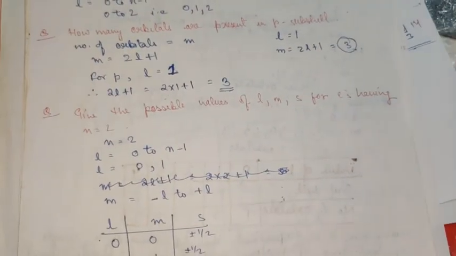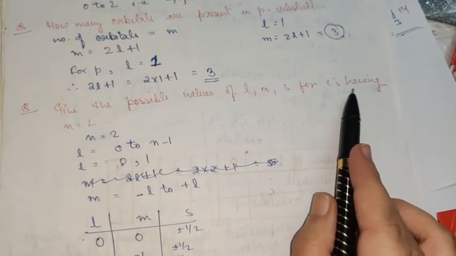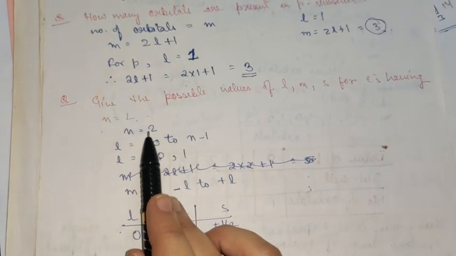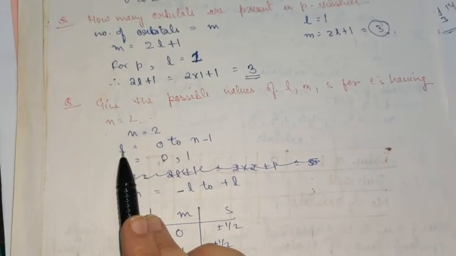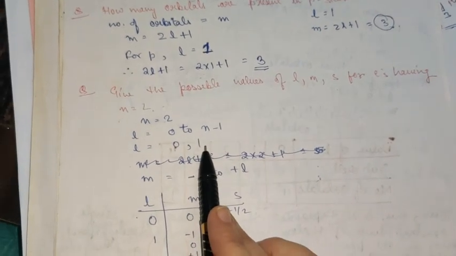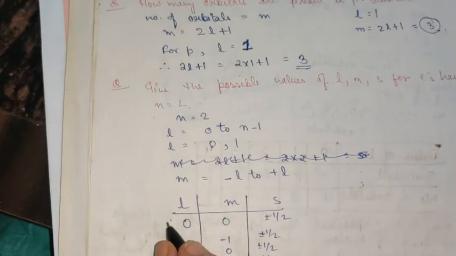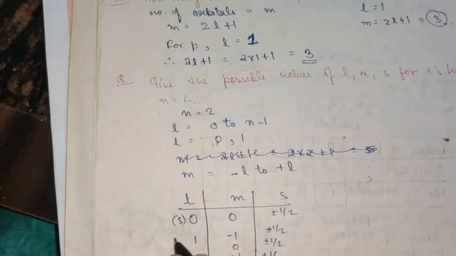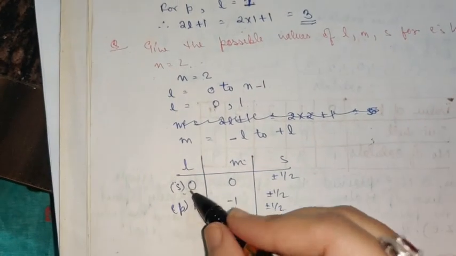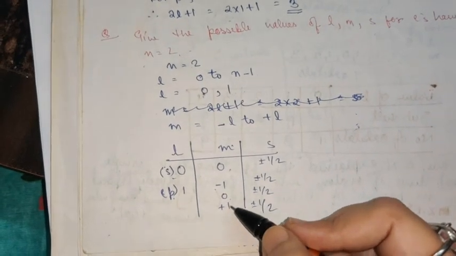Now give the possible values of L, M and S for electrons having n equals 2. If the value of n is 2, then what will be the value of L? 0 to n minus 1, which will be equal to 0 and 1. That means it has only S and P subshells. This 0 indicates the subshell is S and 1 indicates the subshell is P. The possible values of M, for S it will be 0 and for P it will be minus 1, 0, plus 1.